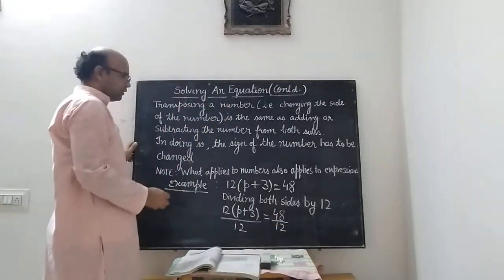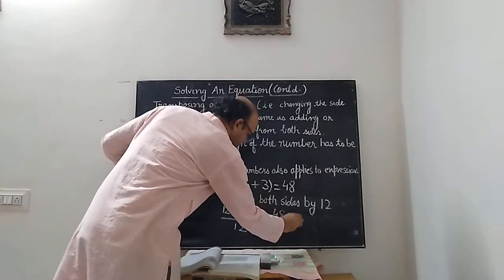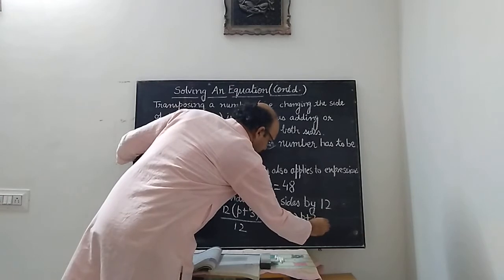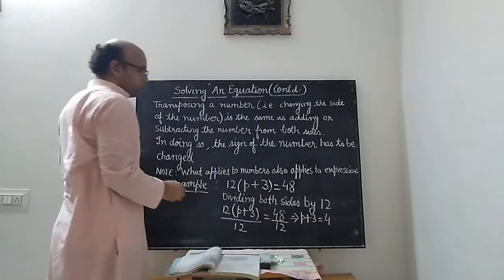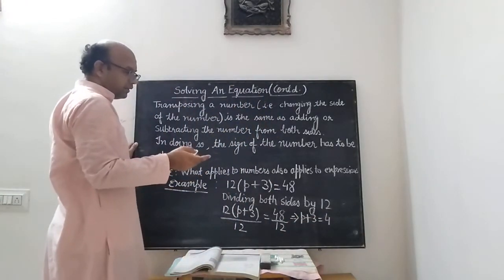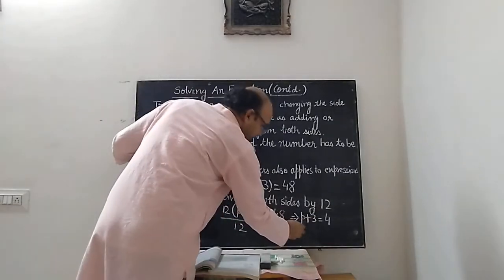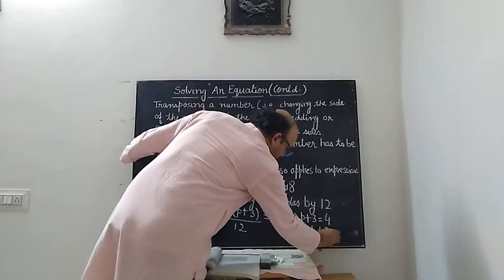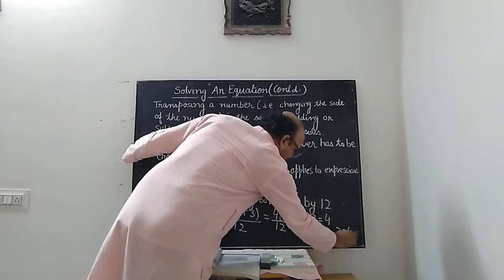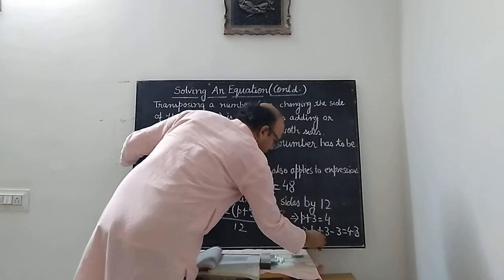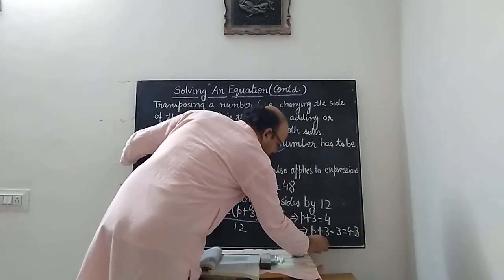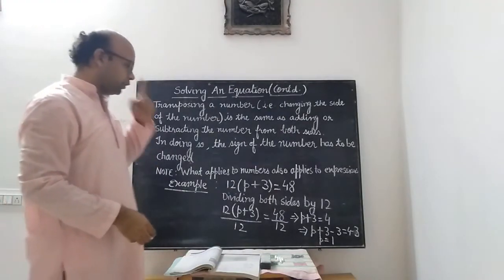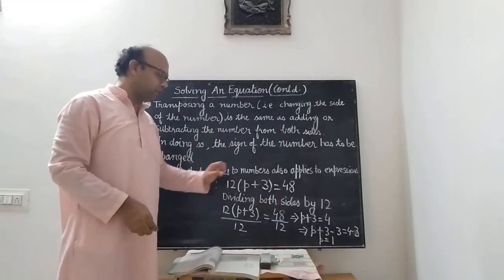So what we get is p plus 3 is equal to 4. Now we subtract 3 from both the sides. So when we subtract 3 from both the sides, you have 4 minus 3, or you can have p is equal to 1. So the answer is p is equal to 1.